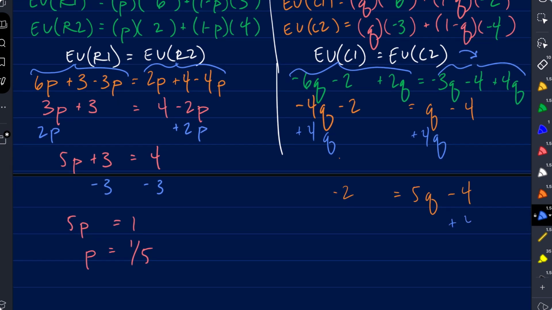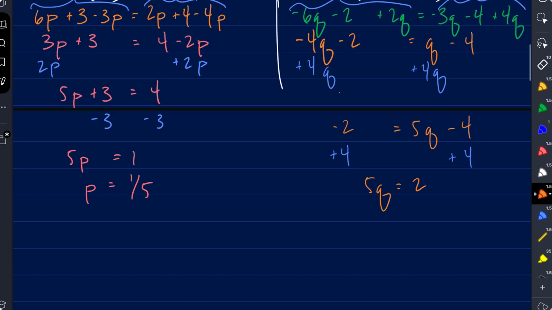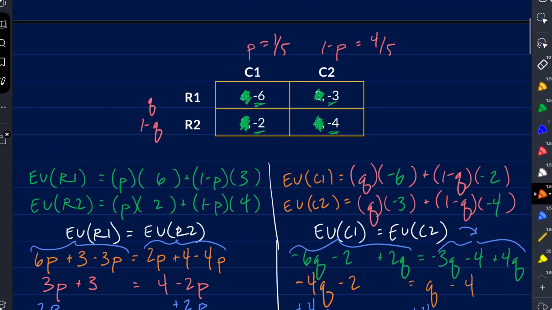And then add 4 to both sides. So Q equals 2/5. Okay, so player 1 is going to want to play R1 2/5 of the time and R2 3/5 of the time.